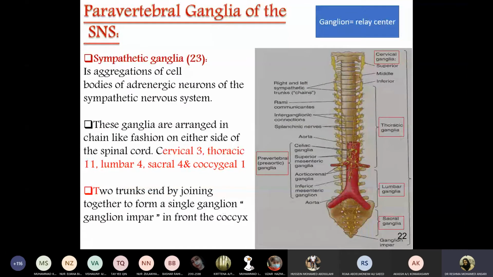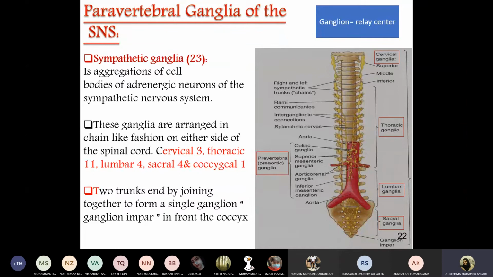So when the outflow comes from the thoracolumbar regions, we need a relay center to relay the information. To relay means just transmit, like a radio station having a relay center. We need a relay center to transmit the information. For that we have something called ganglia. Ganglia is a relay center comprised of cell bodies.